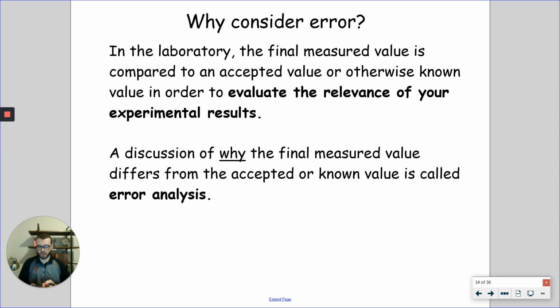Okay, so why should we care about error? Well, we want to make sure that our experiments are relevant. We want to make sure that what we're doing matters.